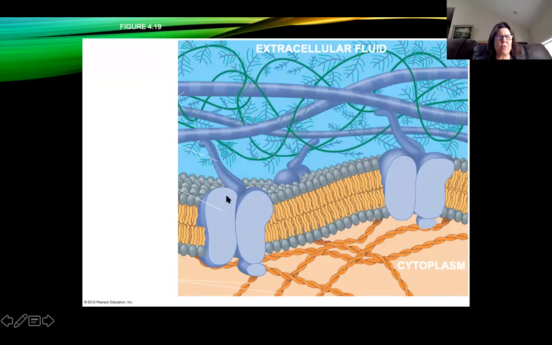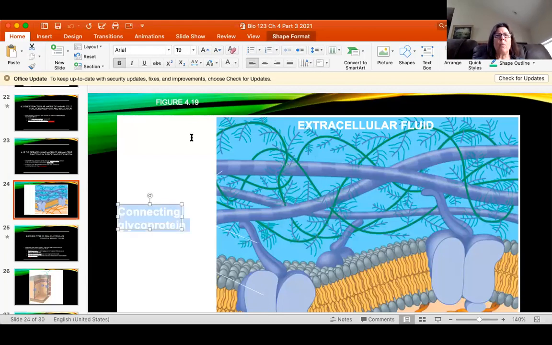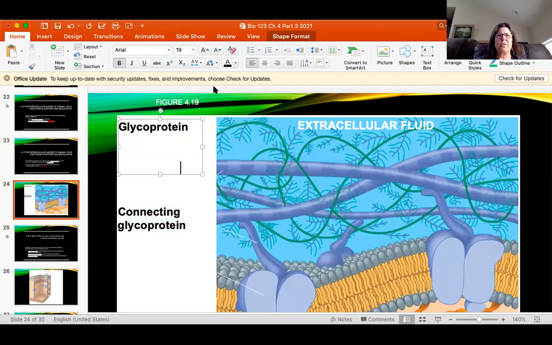As I just noticed, all your labels here are in white, so you can't see them. All right, let's go here. So the glycoproteins would be all of these things out here.